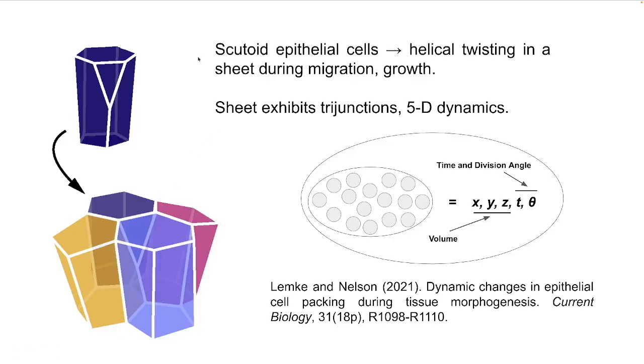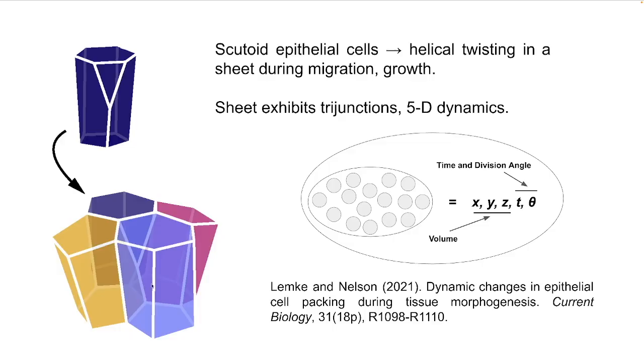So these scutoid epithelial cells exhibit helical twisting in a sheet during migration or growth. And then these sheets, of course, exhibit trijunctions that bend and twist from the top of the sheet to the substrate. And this actually gives us 5-dimensional dynamics instead of 3, because we have the 4th dimension of time, we have changes in the shape, and then we have this twisting, which is a 5th dimension.